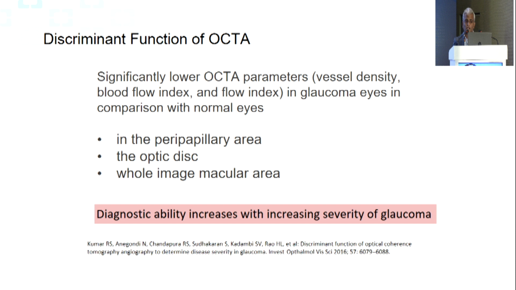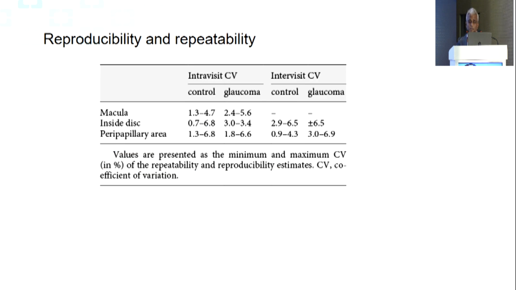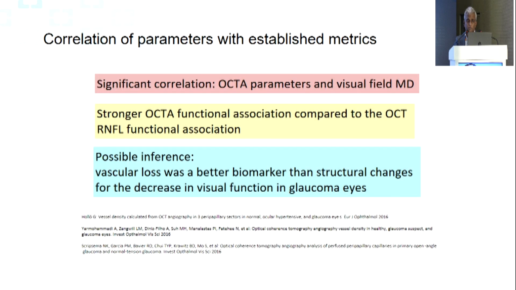Significantly low OCTA parametrics in glaucoma eyes have been seen in comparison with normal eyes. And the diagnostic ability increases with increasing severity of glaucoma. Now that's tricky, because we don't need OCTA to identify glaucoma when it's severe. We already know by looking at it clinically. Reproducibility and repeatability have been found to be pretty good.